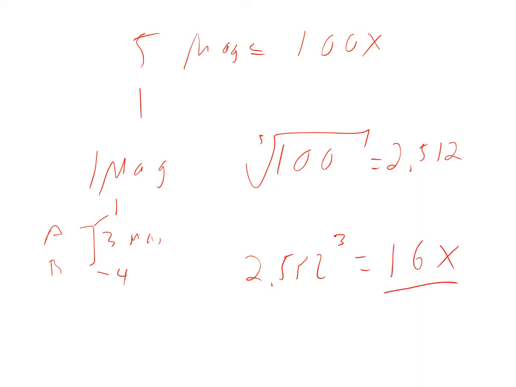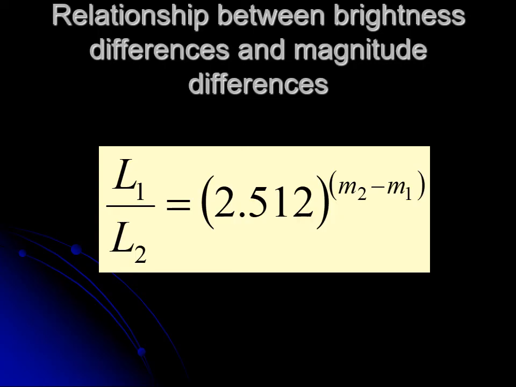So anytime you have stars and you look at that table of data and it says you have a star of 1 magnitude, a star of another magnitude, then the difference in brightness is going to be 2.512 raised to the difference in magnitudes. So L1 over L2, that's the ratio of the brightnesses.